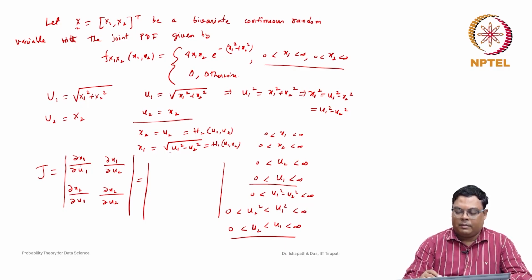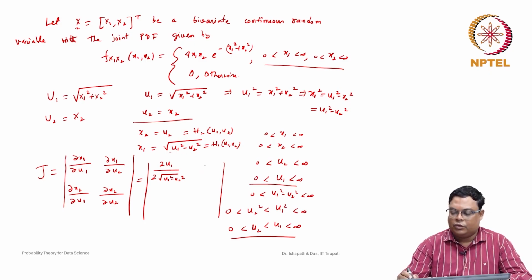If you want del x1 del u1, then differentiating with respect to u1, we get 1 by 2 root over of u1 square minus u2 square, times 2 u1 from differentiating the inside. And for del x1 del u2, differentiating with respect to u2, we again get 1 by 2 root over of u1 square minus u2 square, times minus 2 u2.